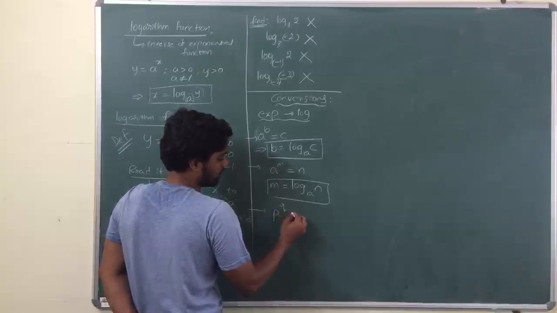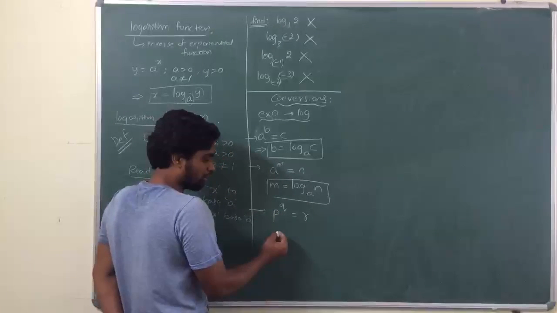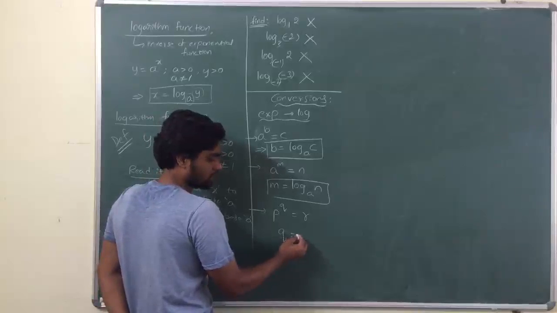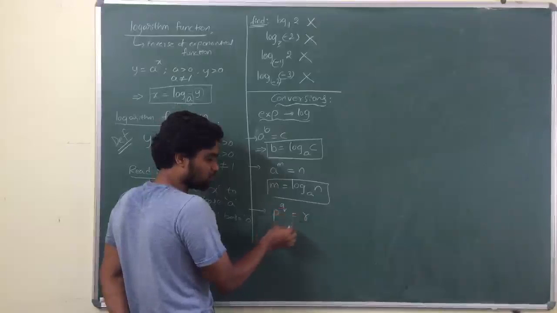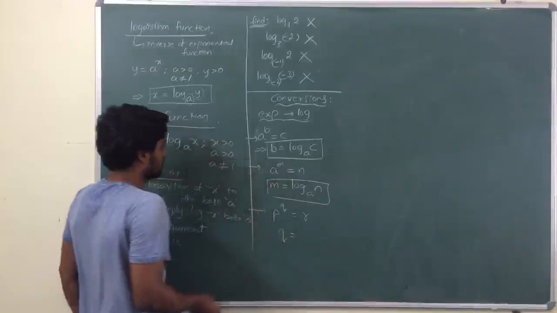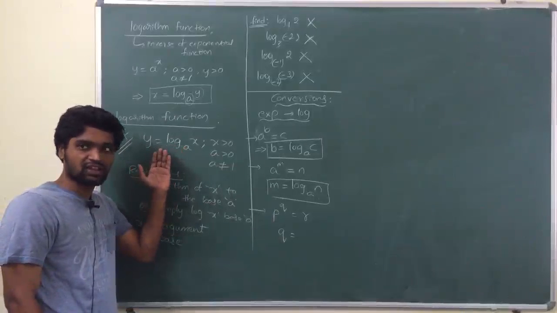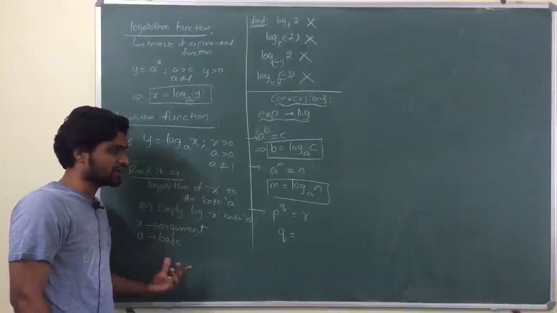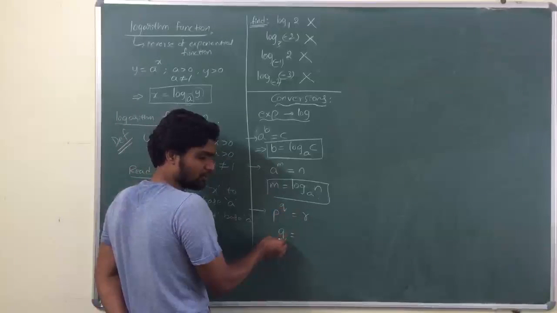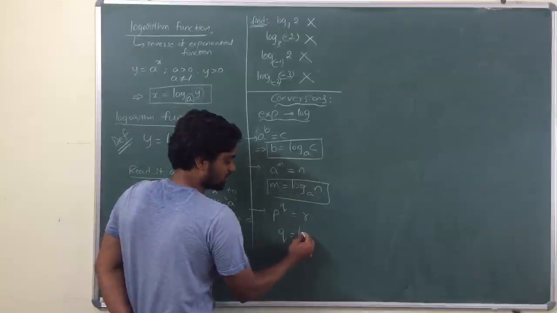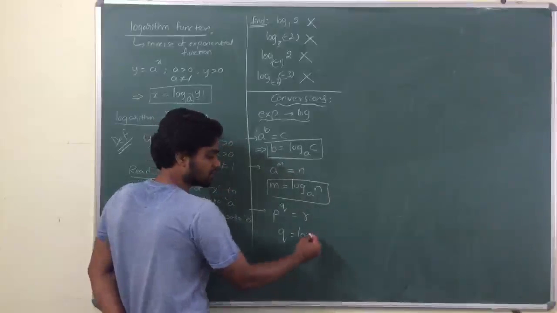P power q is equal to R. So how did I tell you to convert? Write the value of q first. Write the exponent. Exponent will be the value of logarithm. Y is known as the value of logarithm, X the argument and a is base. Now, exponent becomes value. Logarithm, base p and then r.